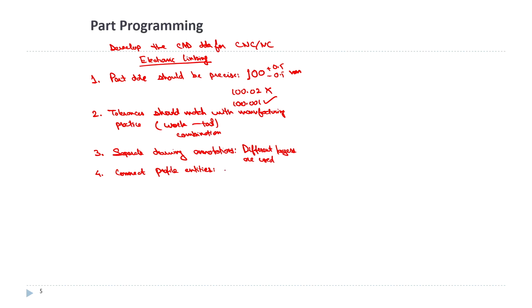So, these entities should be connected in a way so that they are within this tolerance. Therefore, it is important that CAD databases meet or exceed the machine tool accuracy.